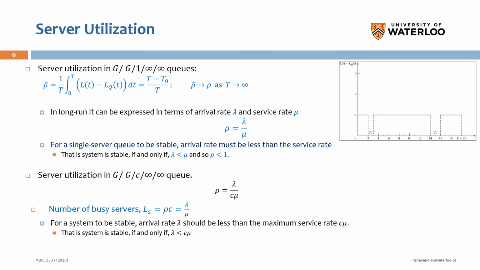So for server utilization rate, we saw that it can be calculated by (T minus T0) over T, or for a single server model in the long run, it's lambda over mu. I mean the arrival rate divided by the service rate.